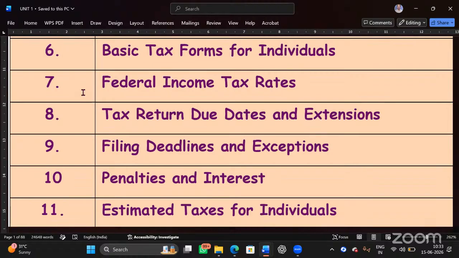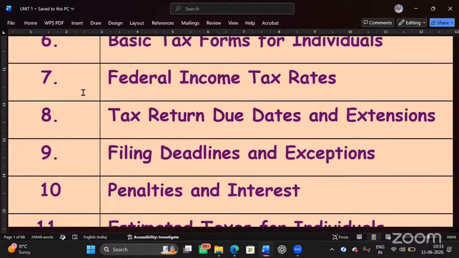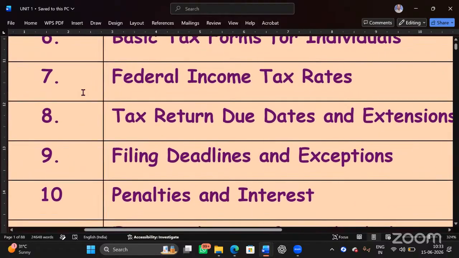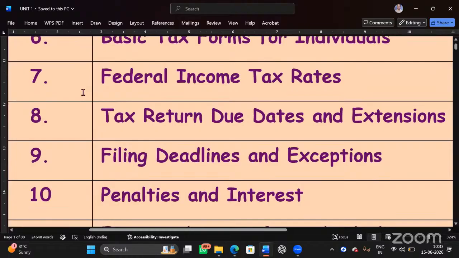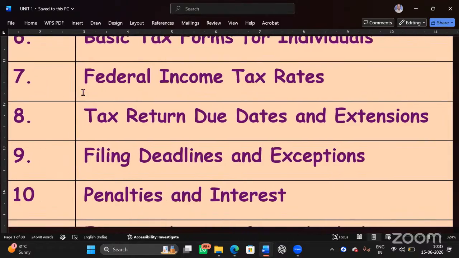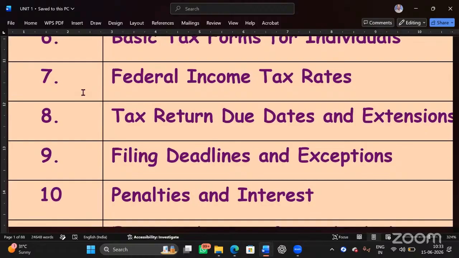Everything will be covered. If a return is not filed within the due date, what will happen? What consequences does the taxpayer have to face in the form of penalties or interest? Everything will be covered clearly in the 8th topic, tax return due dates and extensions.